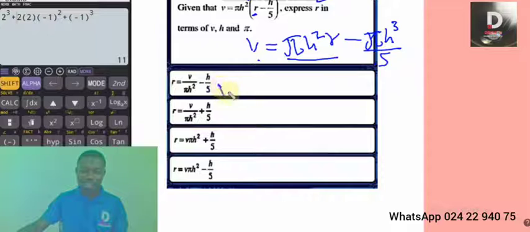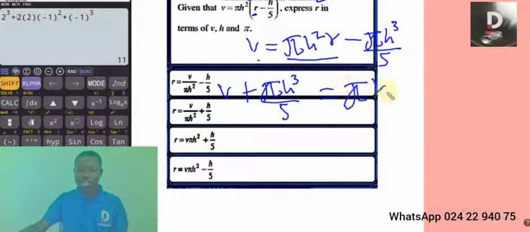Because it's minus, it becomes V plus pi h cubed over 5 equal to pi h squared r. Do you understand here?